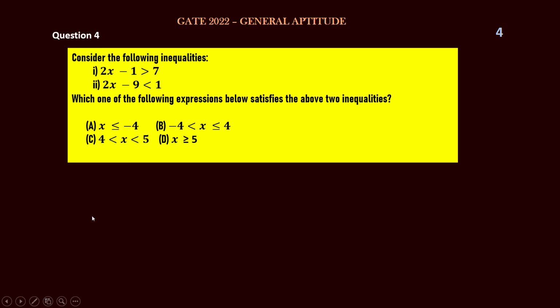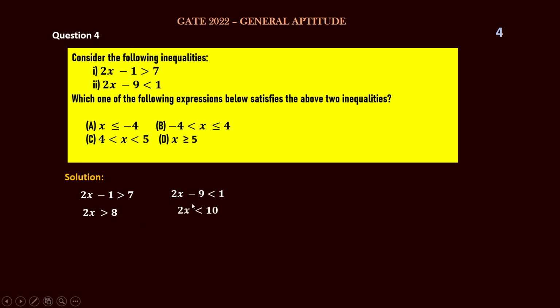So let me solve the problem. First, we write the two inequalities: 2x minus 1 greater than 7, 2x minus 9 less than 1. From this, we find the inequality for x. When minus 1 is transferred to the right side, it becomes 8, so 2x is greater than 8.